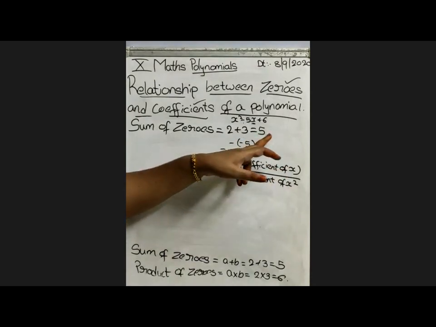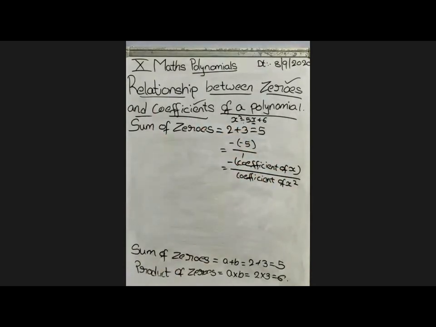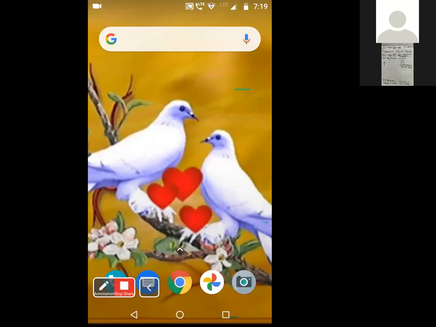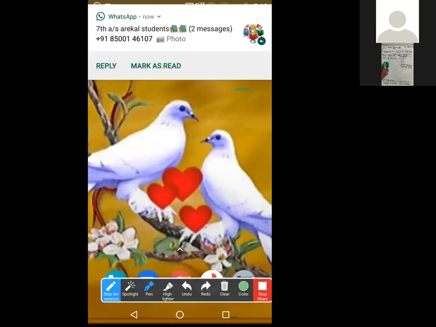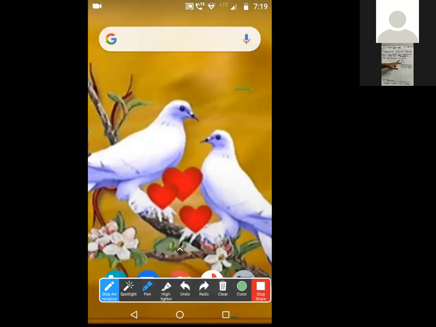Here nothing is there for x squared. Already in a previous class we discussed that if nothing is there in the denominator, we imagine 1 is there. So minus of minus 5 by 1 is nothing but minus of the coefficient of x by the coefficient of x squared. We got the value or not? Once observe, 2 plus 3 we got 5.